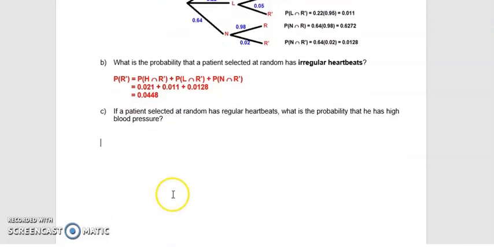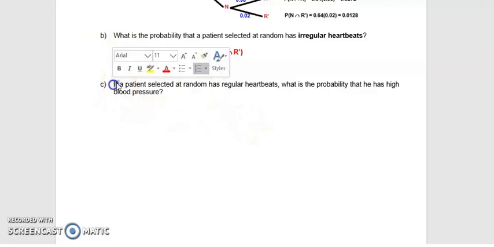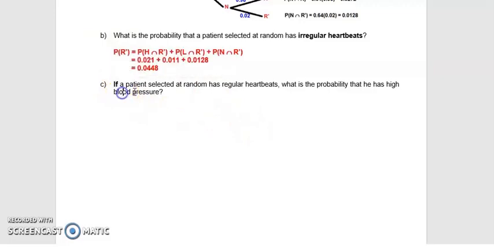Last question, question C. If a patient selected at random has regular heartbeats, here is another keyword for conditional probability. Has regular heartbeats, what is the probability that he has high blood pressure? So how to write this?